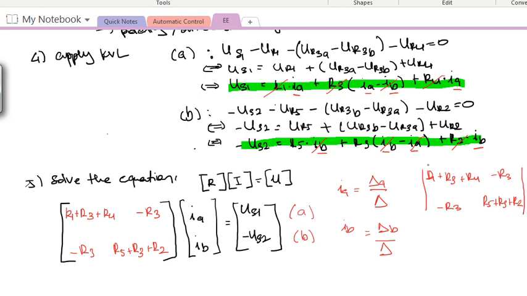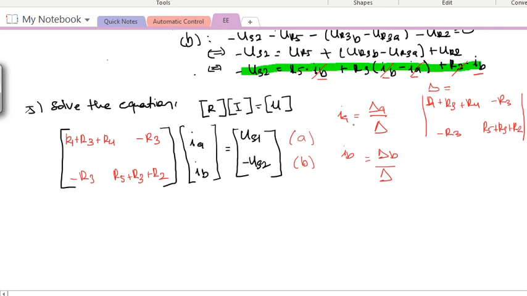This is what we call Cramer's Rule. So I write it down over here, you can refer to it later. We have usually learned it before in math, so what we need to do is just the application of it.